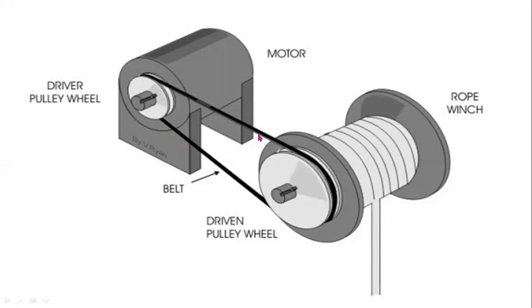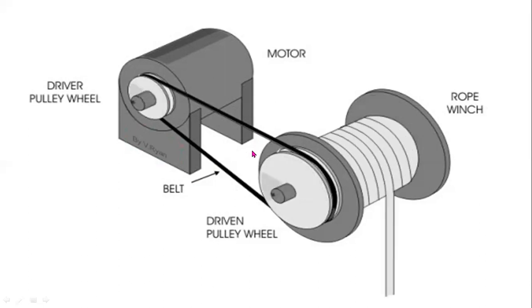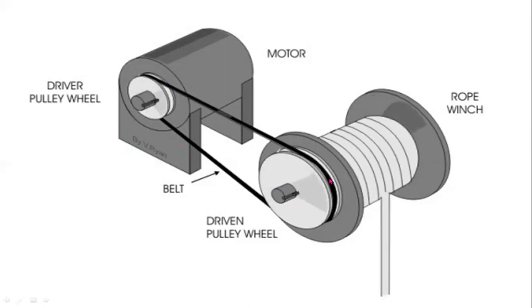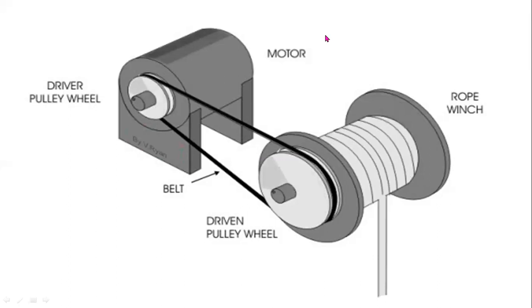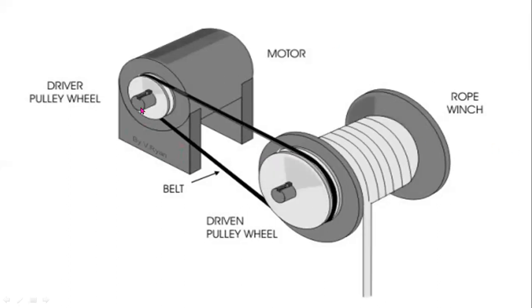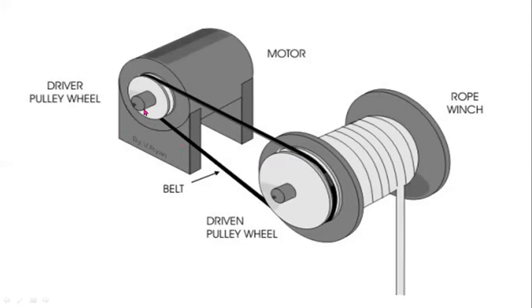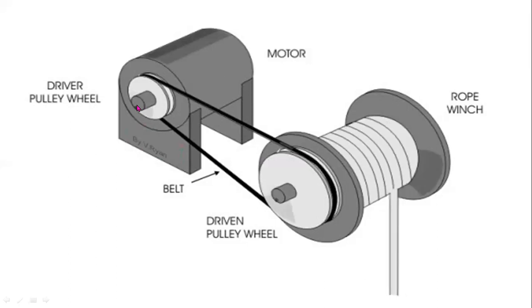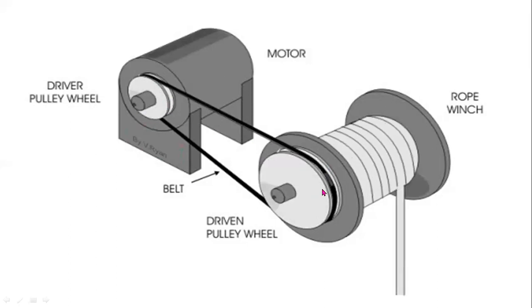Here, for transmitting the power from one shaft to another shaft, we are using belt drives. For minimizing the power losses, we are using a key. A key is also used for transmitting the power from one pulley to another pulley.